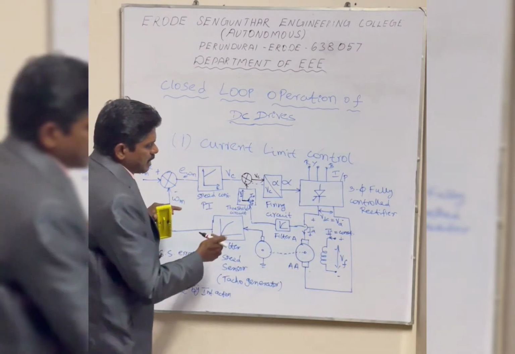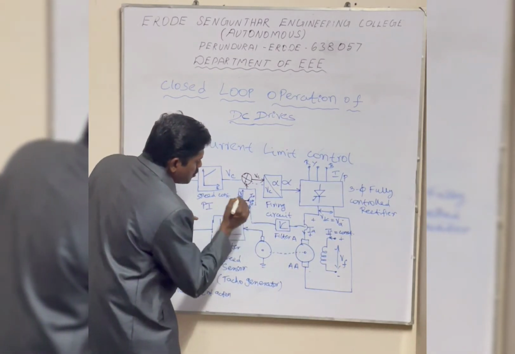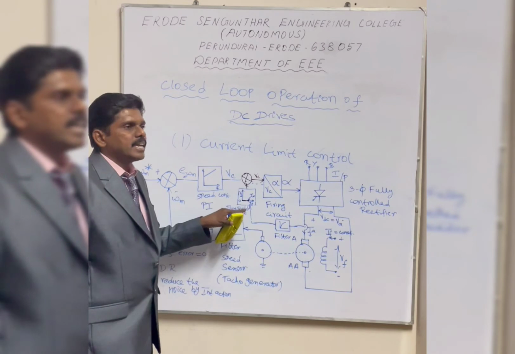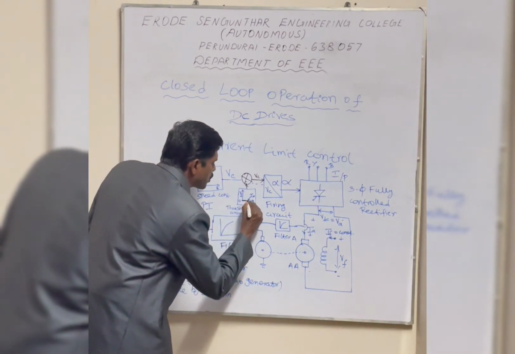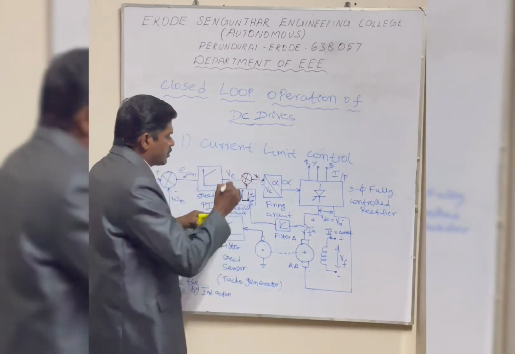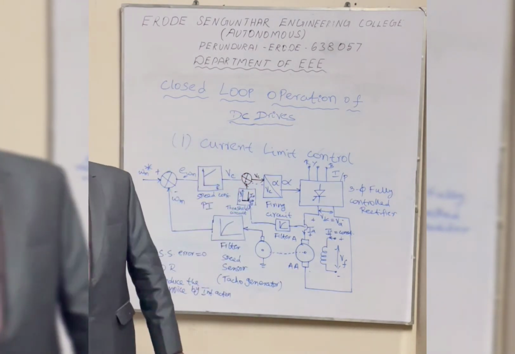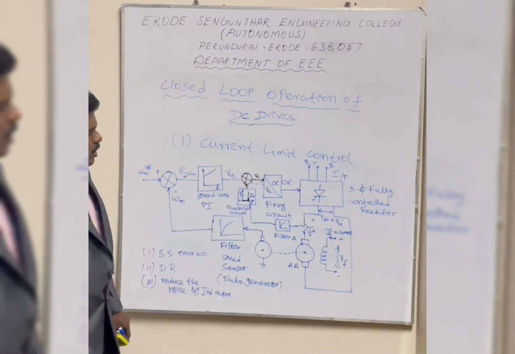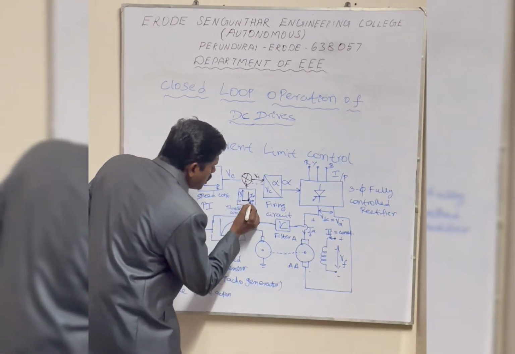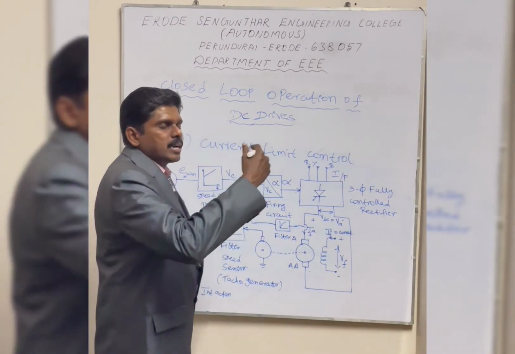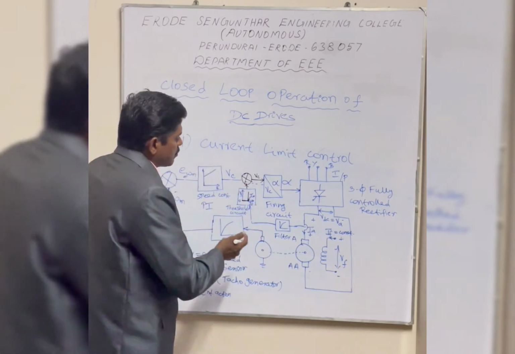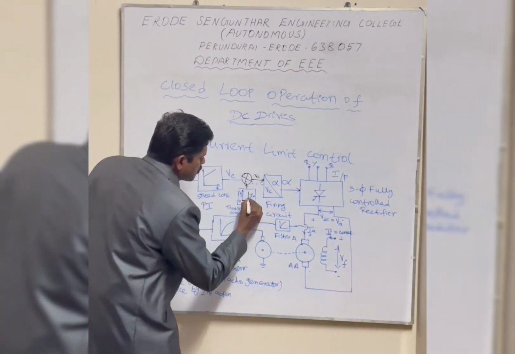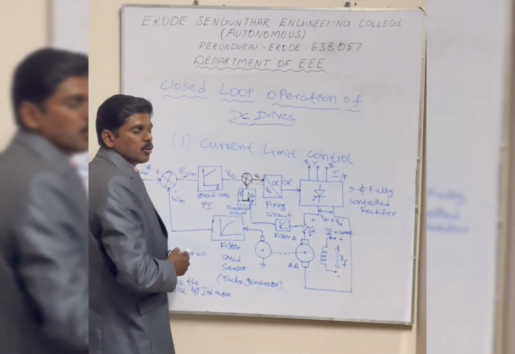Now the control of this motor depends purely upon the speed alone. But whenever the current exceeds the maximum permissible value, that is Ix, immediately what will happen? This threshold circuit will produce a huge control signal VC. Even a small change in the current beyond the rated current makes a huge output signal.